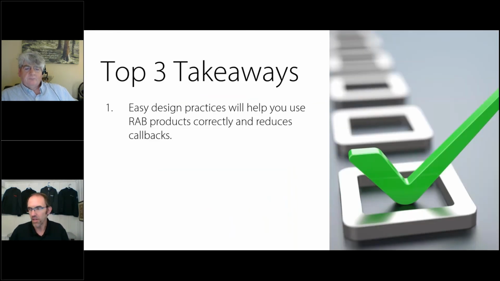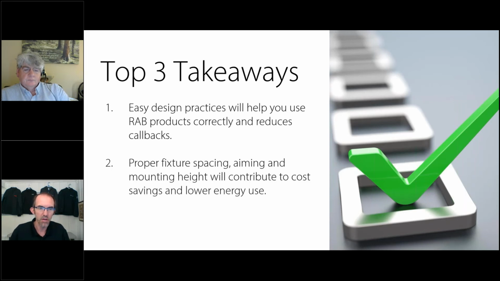All right, so we're at the end of our presentation here. The top takeaways that Bob mentioned at the very beginning is the first one, easy design practices will help you use RAB products correctly and reduce callbacks. The second one that we have here is proper fixture spacing.